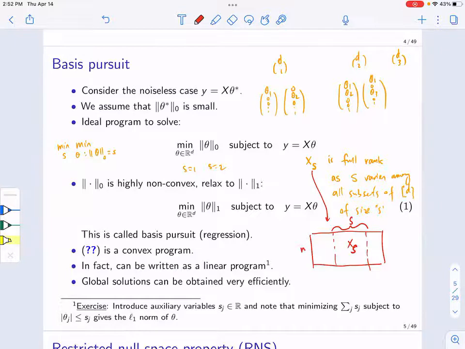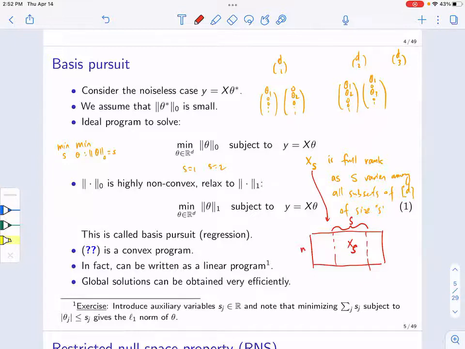So we want conditions, like the one we have for this, under which, if the system of equations has a sufficiently sparse solution theta star, then I would be able to uniquely identify it. That's more or less the start of this whole business.